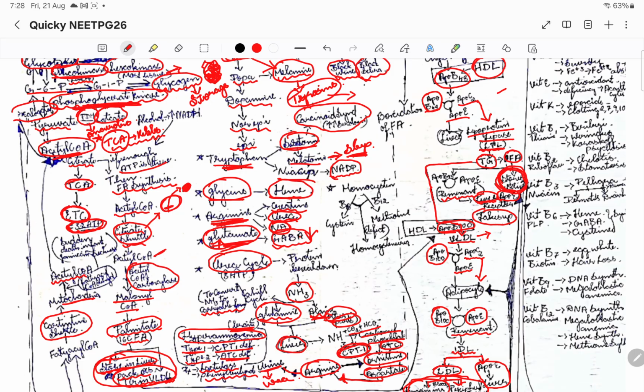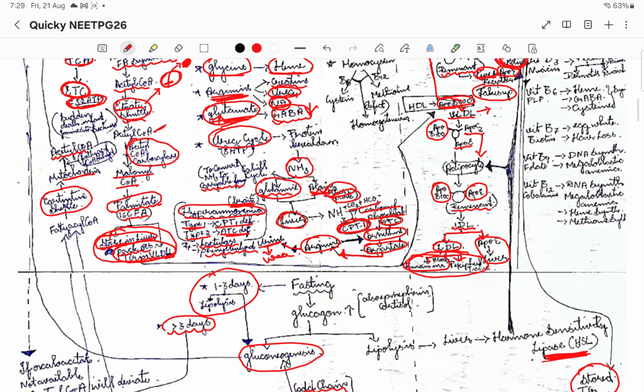Oxaloacetate is one of the biggest and greatest substances required for all this metabolism. We were discussing more about acetyl CoA, we forgot about oxaloacetate. Oxaloacetate is one of the most important substrates required for the TCA cycle to happen.